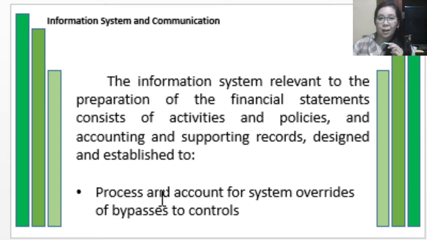Another is to process and account for system overrides or bypasses to control. Meaning, authorization of the transaction or the administrative control should not be eliminated even with the use of IS.